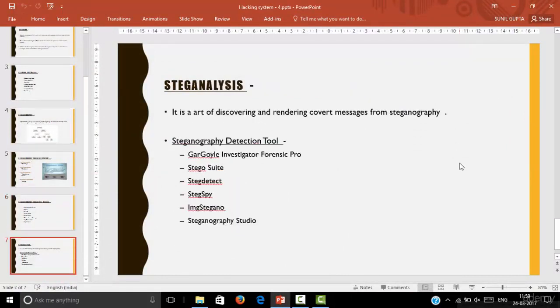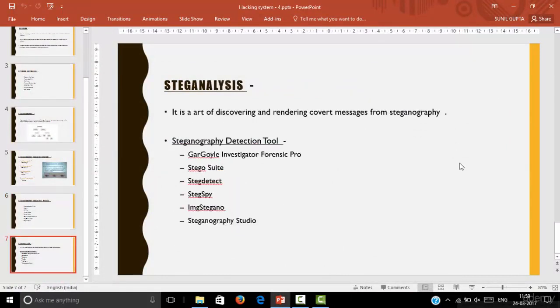What is steganalysis? Steganalysis is the art of discovering and rendering covered messages from steganography. It means this is the art which finds out that there is steganography in an image.